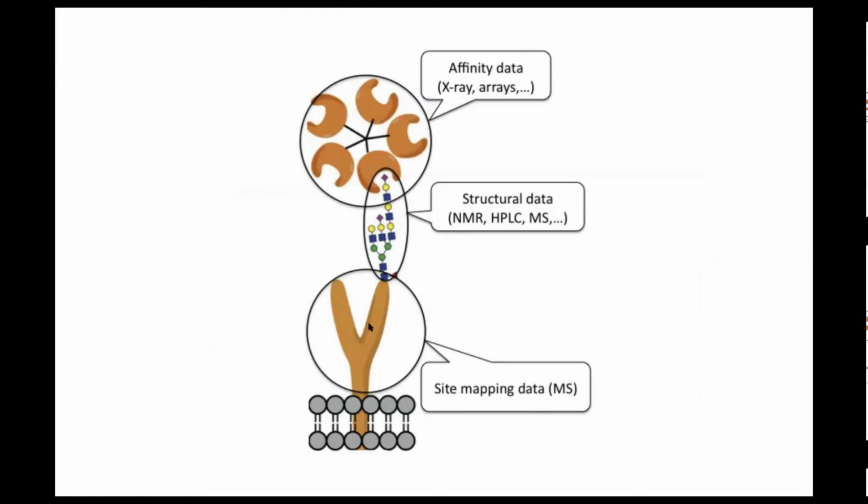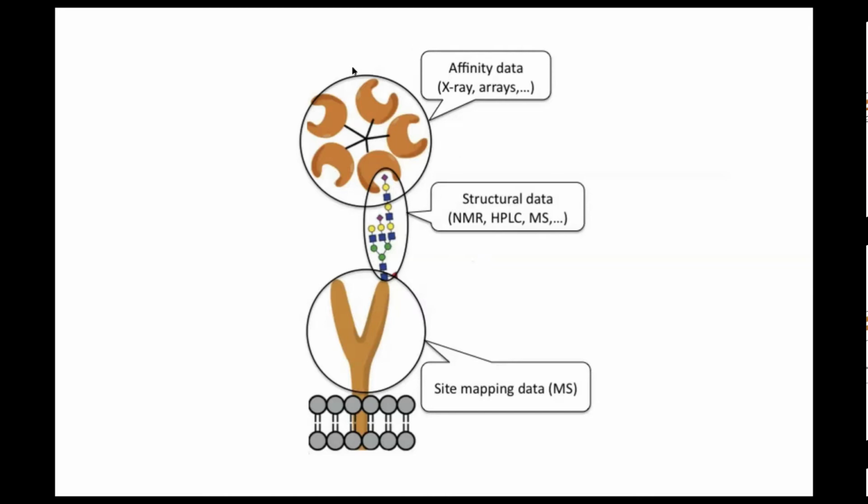So they do site mapping, irrespective of which structure is sitting on the protein. You have a lot of experimental data that are used to solve the structures, NMR, HPLC, mass spectrometry, etc. And this is an expertise in itself to actually solve these structures.